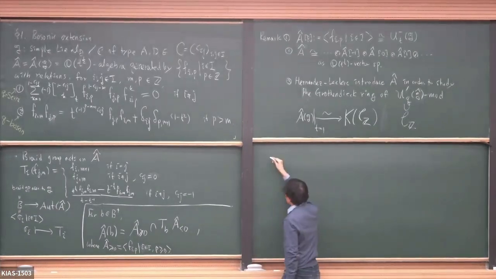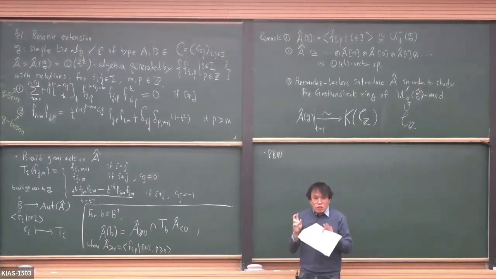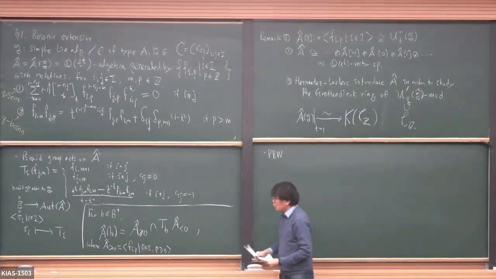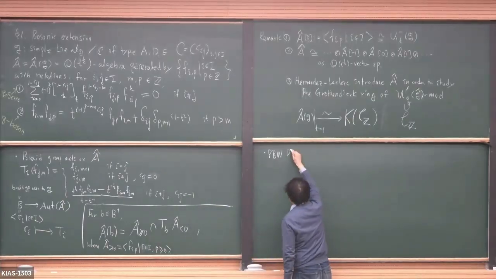I can explain more about the meaning of a reasonable size here, because we have a nice basis of this algebra. Let me call it the PBW basis.